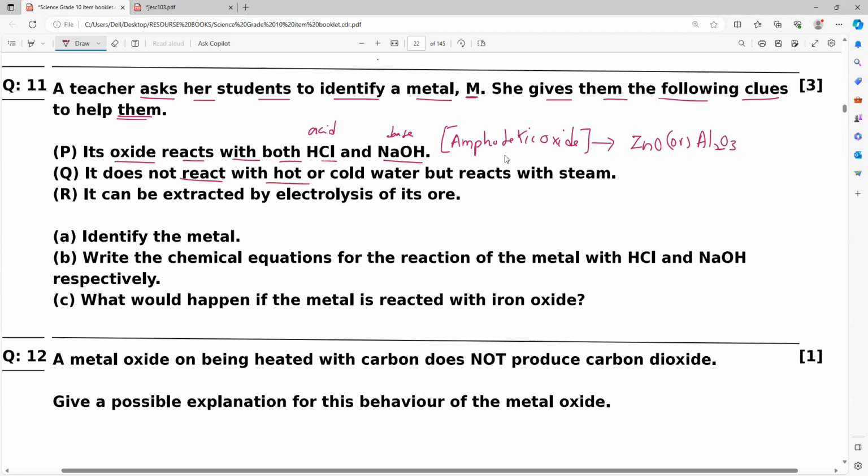It does not react with hot or cold water, but reacts with steam. So by reading this, you will understand that. See, now do you understand the approach I am following? Basically, from the concept to the questions.